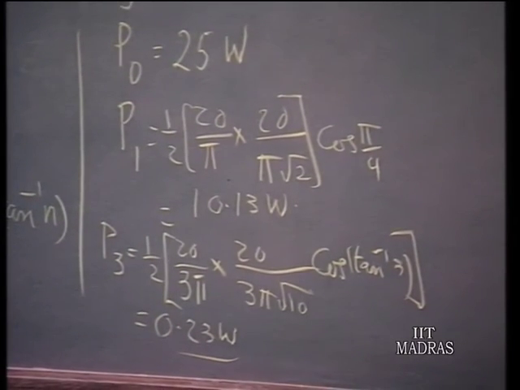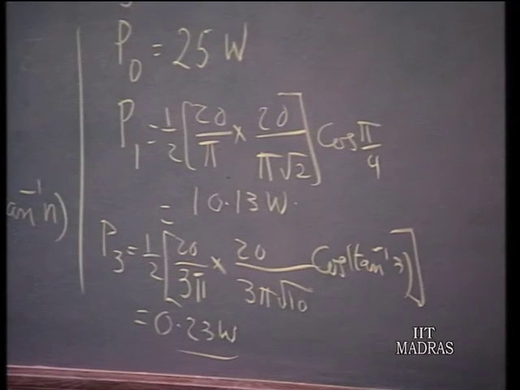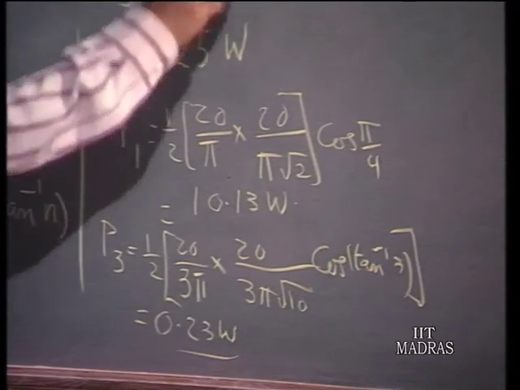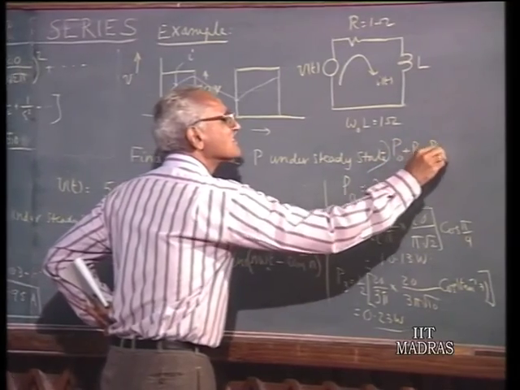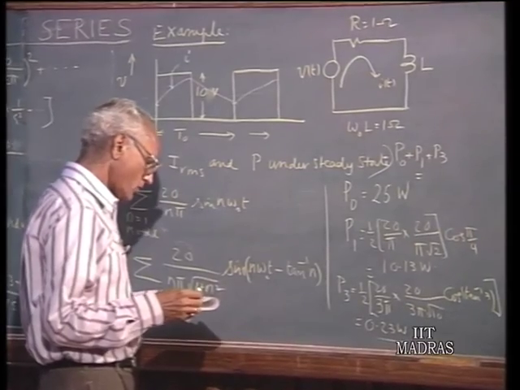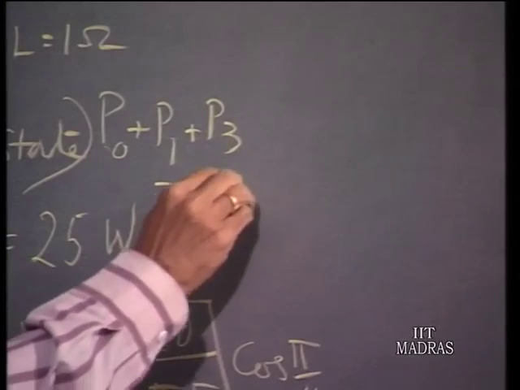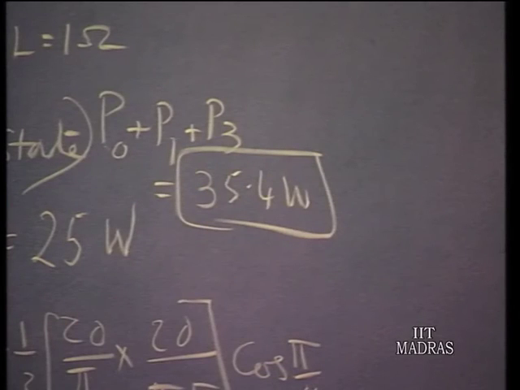The total power, if you assume that all other harmonic component powers are negligible, P0 plus P1 plus P3, will be 35.4 watts. So that will be the total power that will be delivered by the source into the circuit.